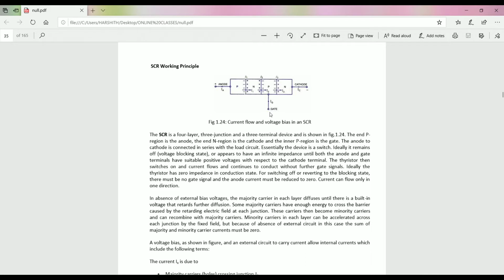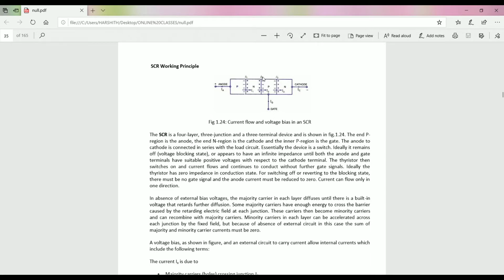The junctions J1 and J3 are forward biased, and J2 is reverse biased. There is a depletion region around J2 and only leakage current flows, which is negligibly small. So, of these 3 junctions, J1 and J3 are forward biased and J2 is reverse biased, and in this reverse bias condition only a negligibly small leakage current flows.